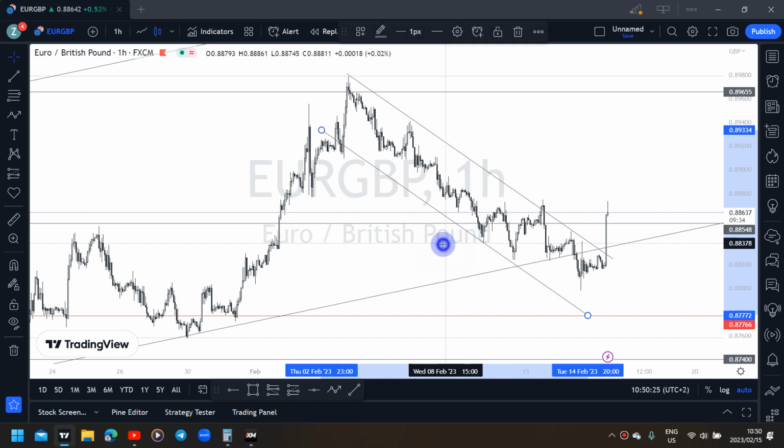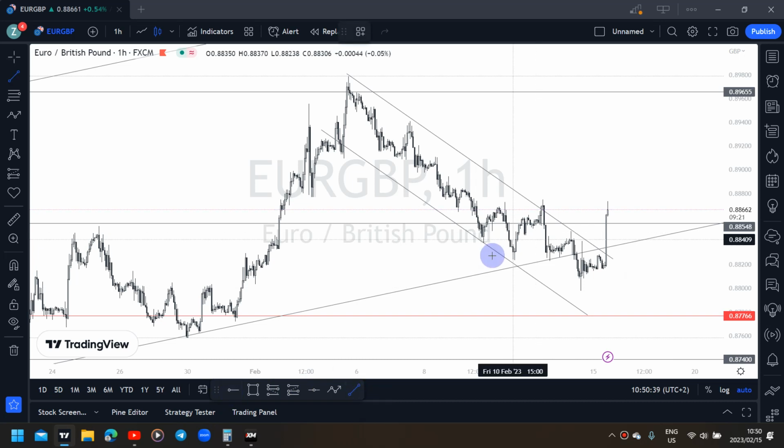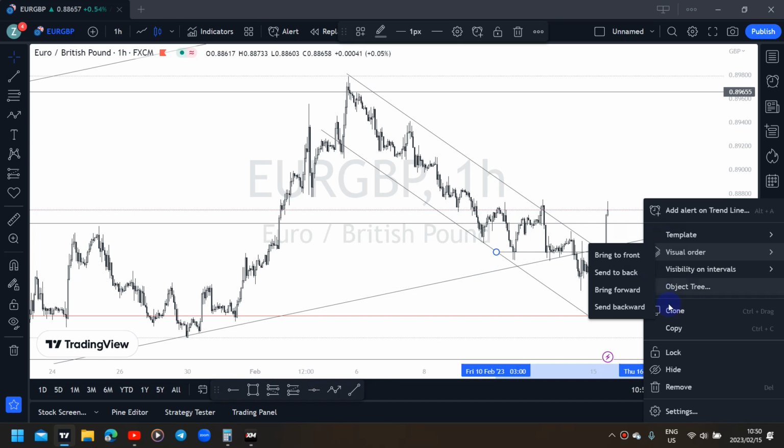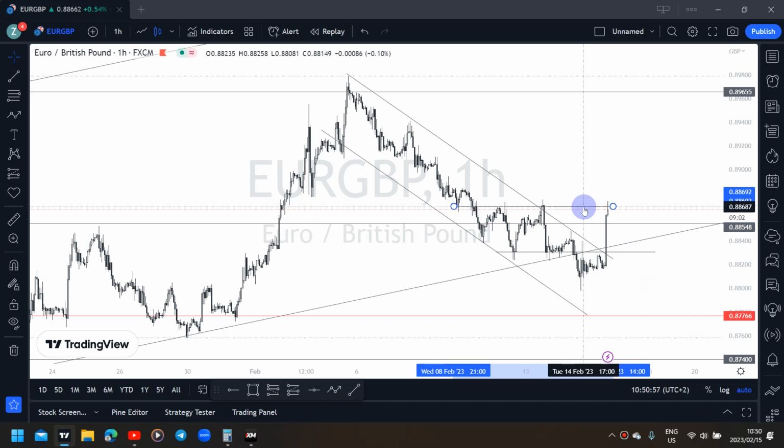This is a buy because the market has broken out of this sell trend, so it is now a buy. So basically what we are waiting for is probably a retest on our key level, and that's where we are possibly going to be looking for opportunities to trade, right?